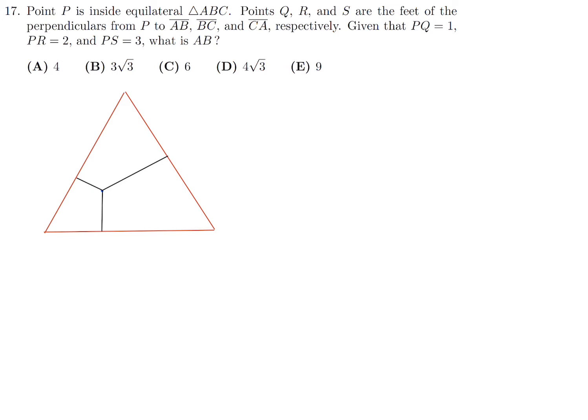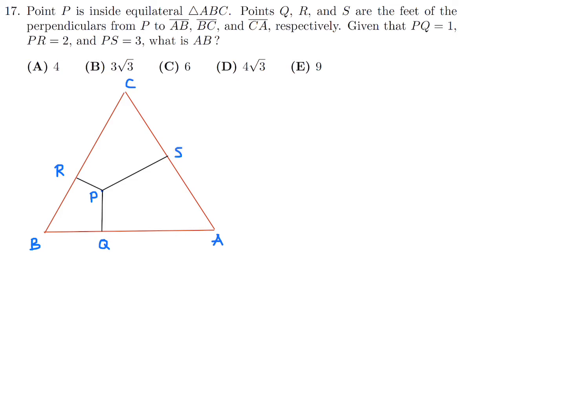All right, and let's label this. This, of course, was P, and we have A here, B here. When it drops to AB, that is represented by Q, and then this is C, obviously. When it drops to CB, that's represented by R, and the perpendicular to AC, or CA, is S.